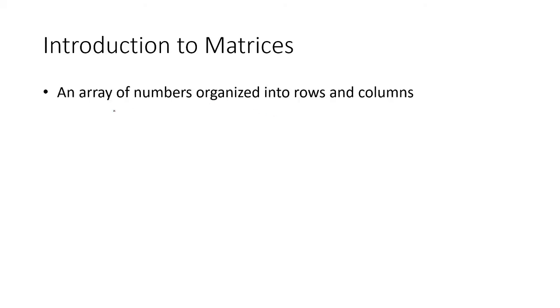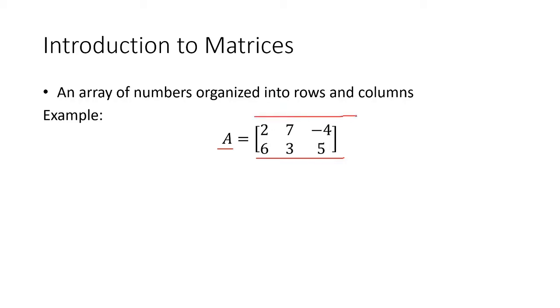A matrix is an array of numbers organized into rows and columns. For example, this matrix A is an array of numbers organized by rows and columns. Rows are horizontal, columns go downward.